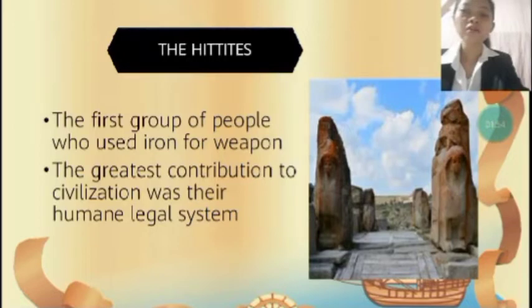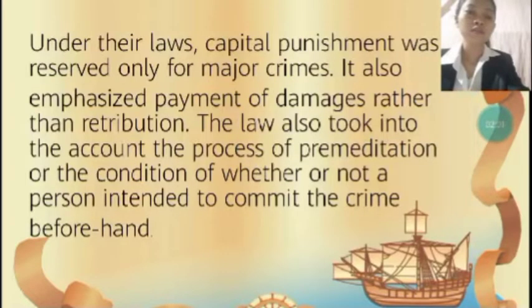Under their law, capital punishment was reserved only for major crimes. It also emphasized payment of damages rather than retribution. The law also took into account premeditation, that is, whether or not a person intended to commit the crime beforehand.